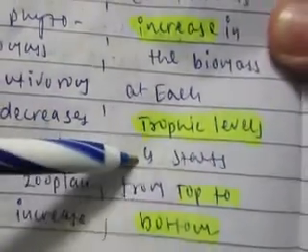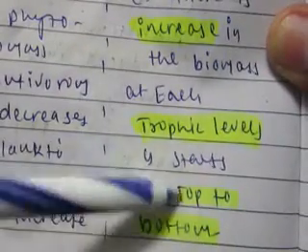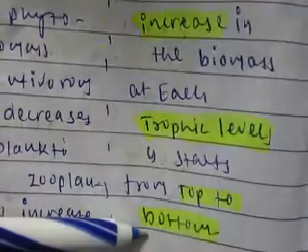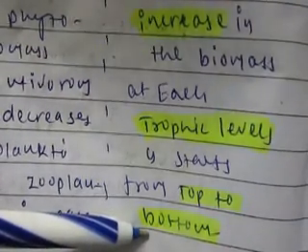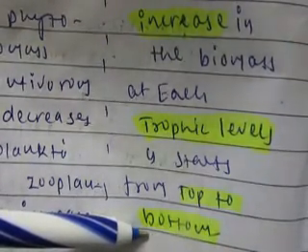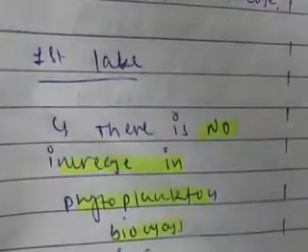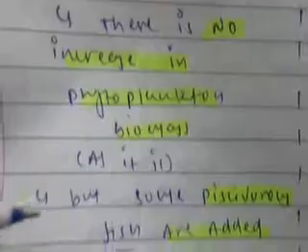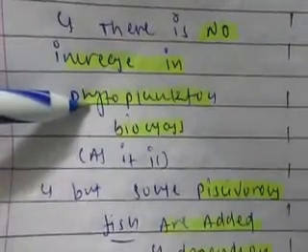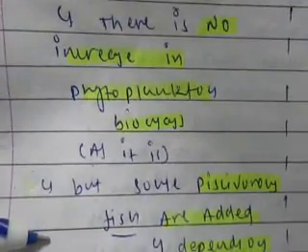Okay. Now that starts from bottom to top. Now in the first leg, there is no increase in phytoplankton biomass, means biomass is as it is.